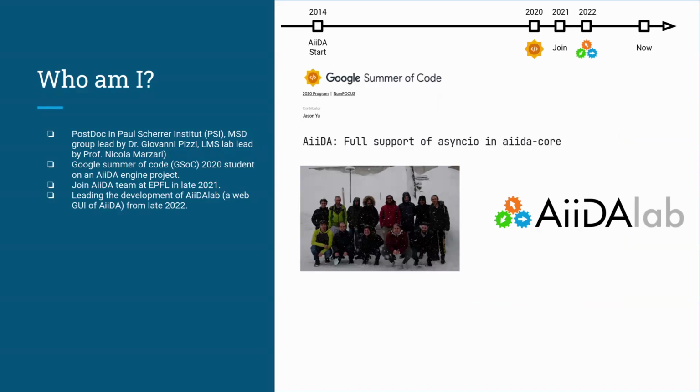I was a Google Summer of Code student and contributor in a small engine project of AiiDA. One year after, I joined the team, and from 2022, I started leading the development of AiiDA Lab, which is a web interface that allows users to run complex scientific workflows in the browser through AiiDA.